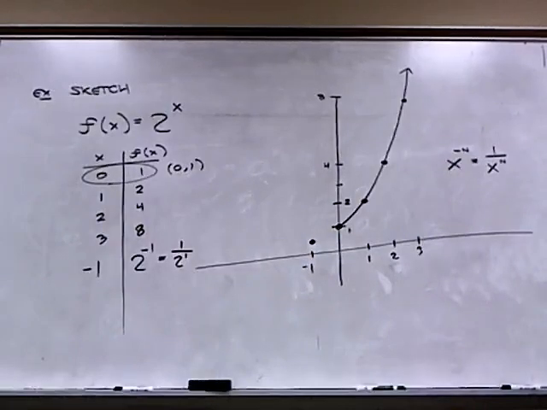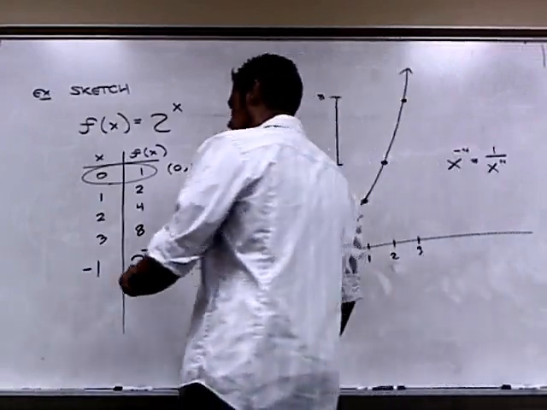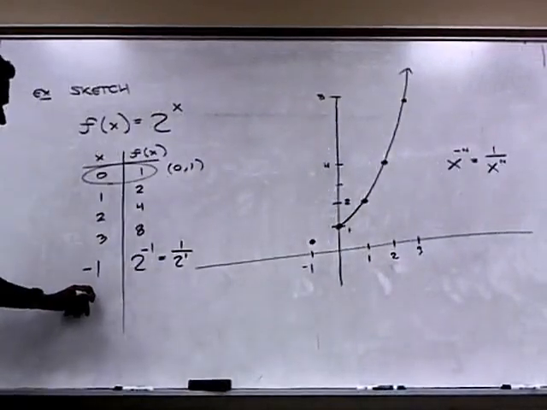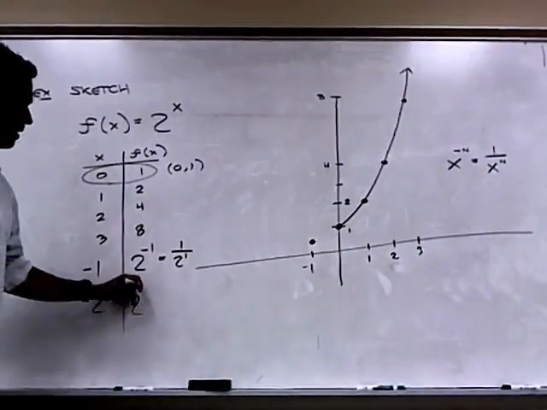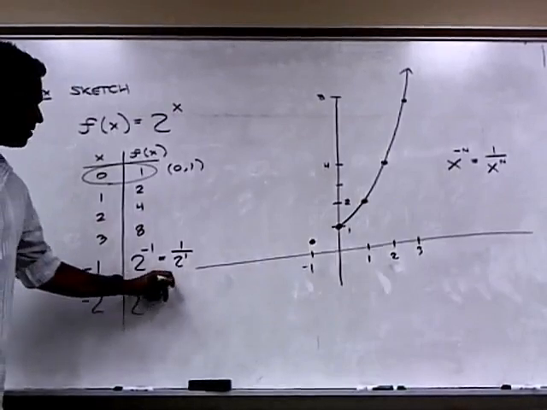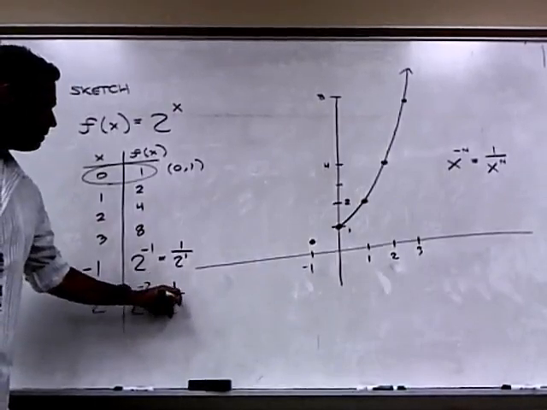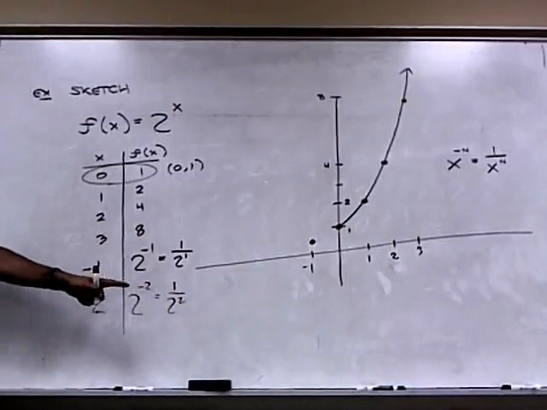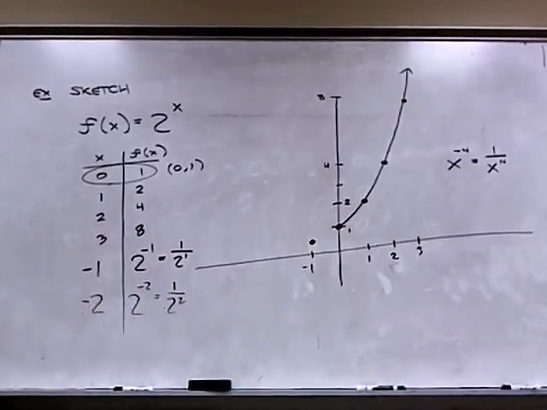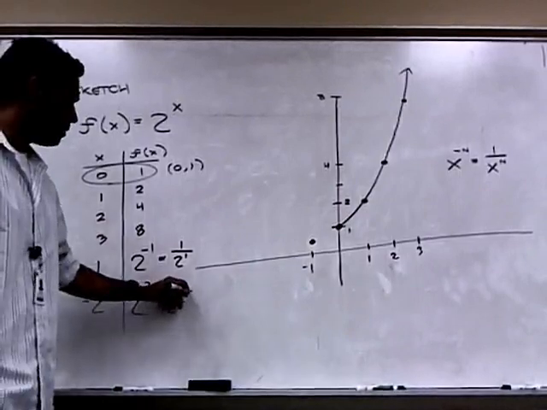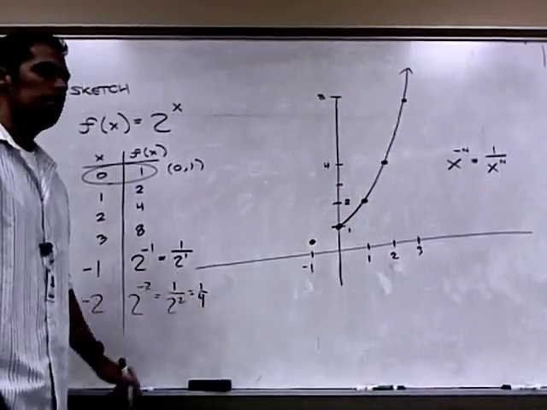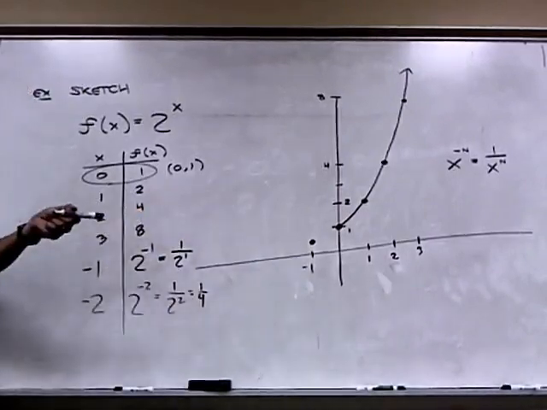Can I plug in -2? If I plug in -2, that's 2 to the -2. That's the same as 1 over 2 squared. So using the property again of dropping it down, making it a positive exponent. What's 1 over 2 squared? 1/4. So that means if I draw it, if I go to the left 2, I go up 1/4.